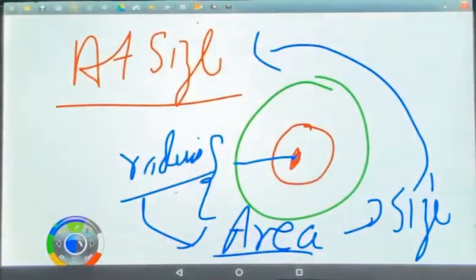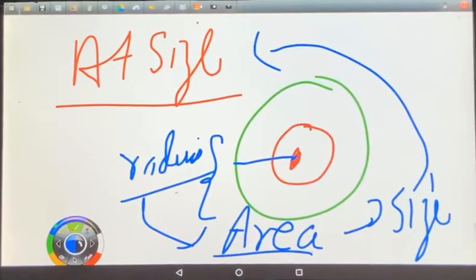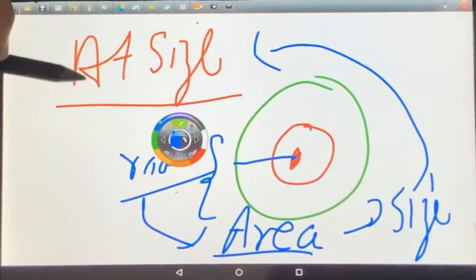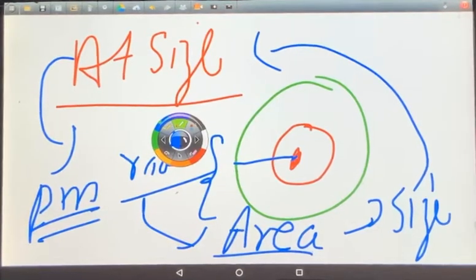So basically we can define atomic size as the area enclosed within the atomic radius of an atom. Atomic radius is defined as the distance from the nucleus to the last valence shell. Now the size of an atom is very small. We cannot measure it in meters. So one unit which we use for the size of an atom is pm. pm is not for Prime Minister, pm is for picometers.